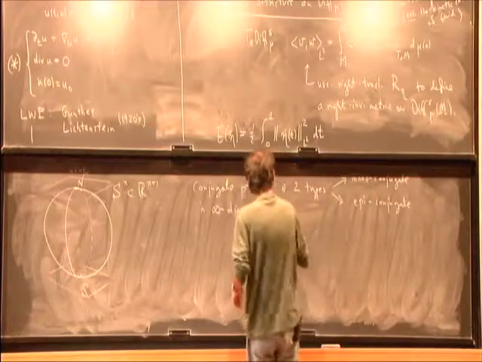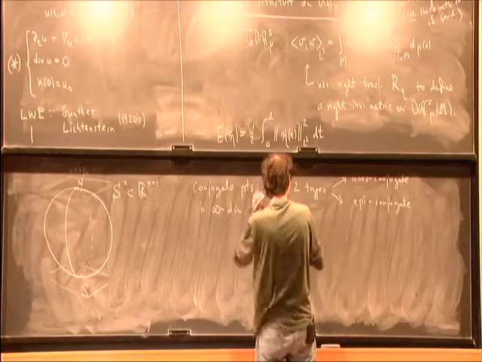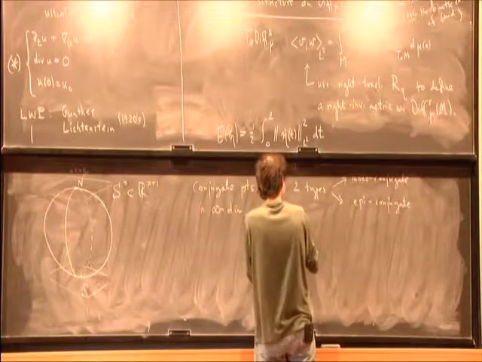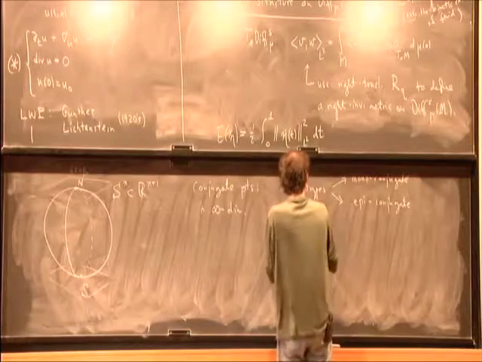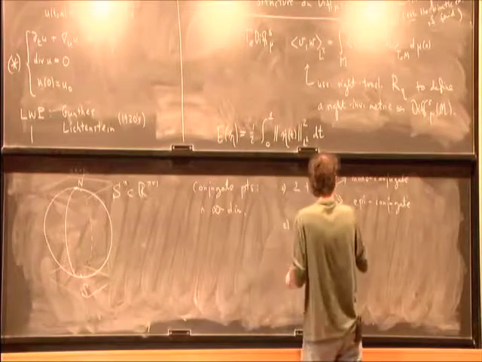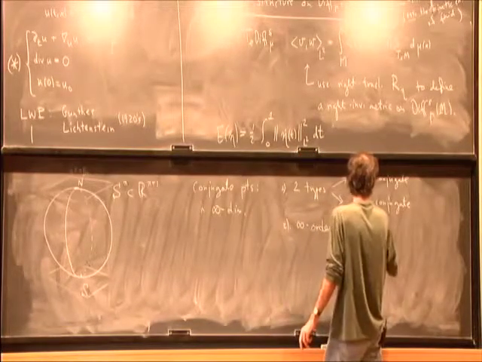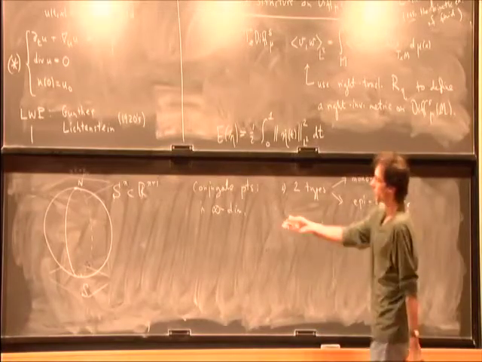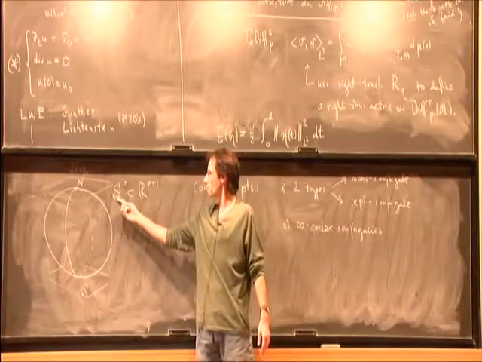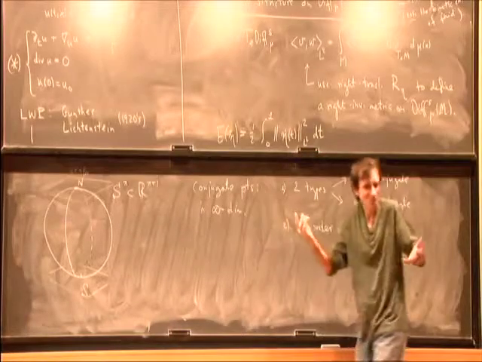This is one complication. Another complication is that conjugacies may be of infinite order. For example, if we take a sphere S infinity, that's the simplest case.